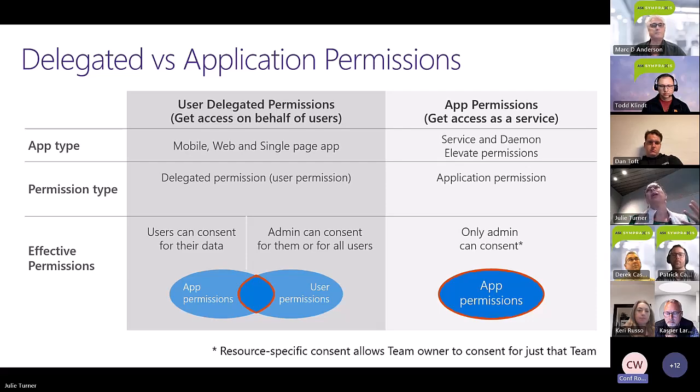Let's say we were going to give access to this app registration to the Microsoft Graph, and we were going to say, okay, I want this app registration to have users read all app permission and files read write all permission.